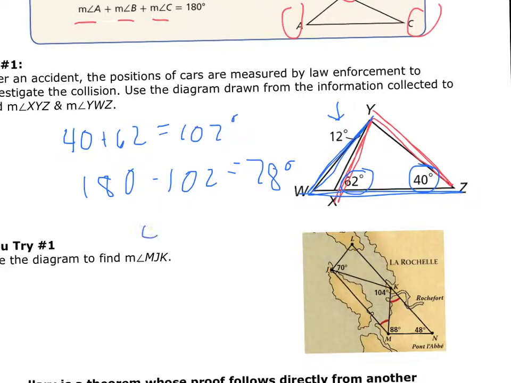We have 40 degrees for this one. We have 90 degrees for this total angle up here, and that gives us 130 degrees. So we know that YWZ must be 50, since 180 minus 130 is 50. So that would be a 50-degree angle.